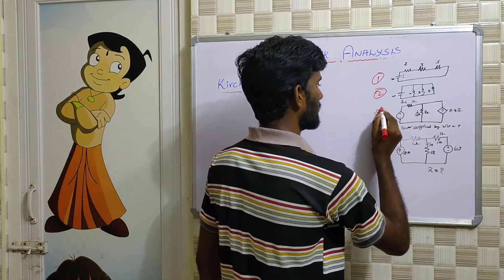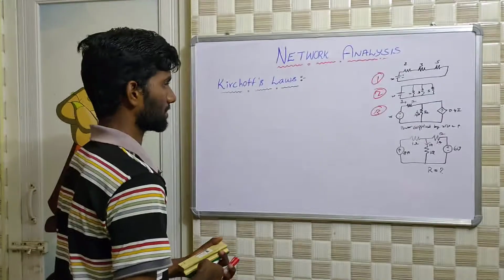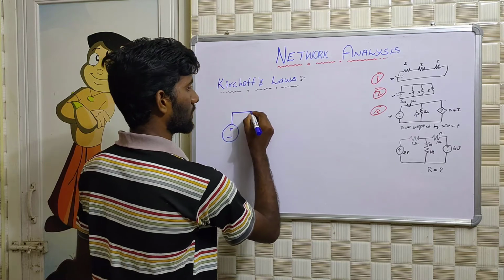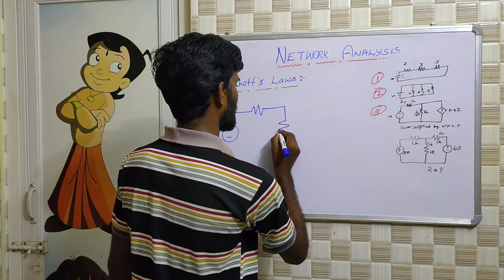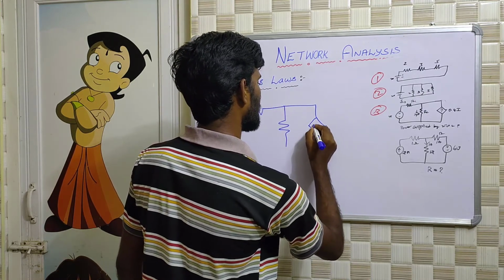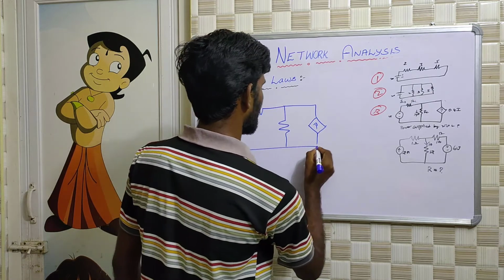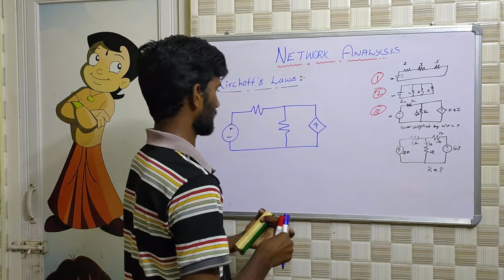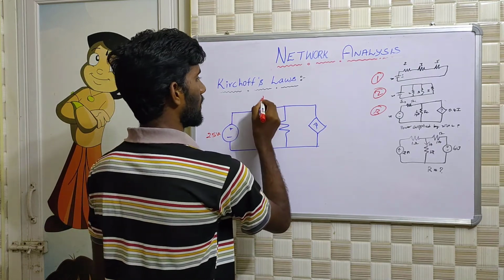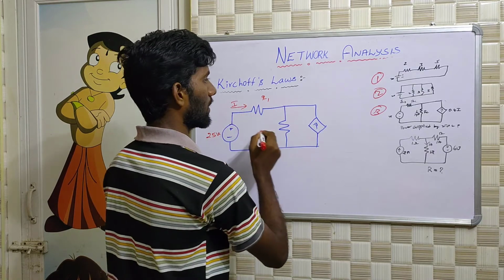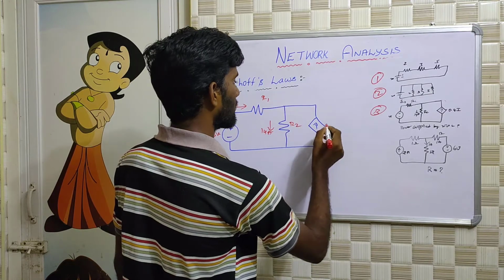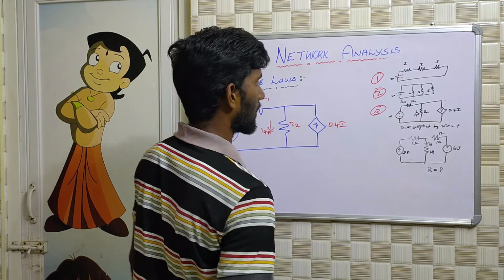The third example. volts. So R1 current I, 14 amperes, R2 0.4 I.